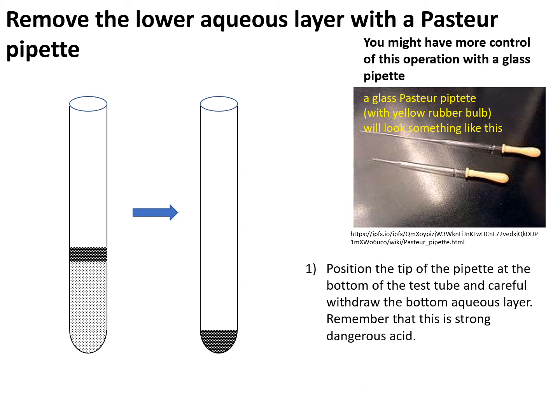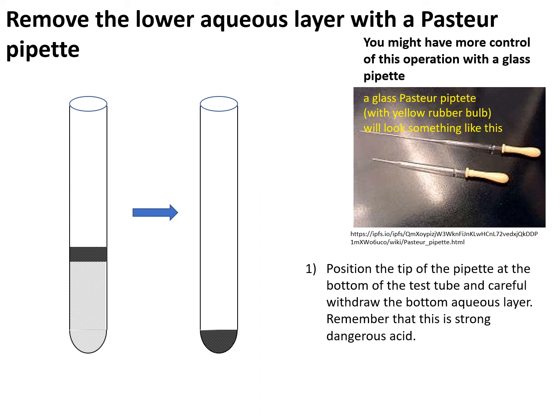Then you take that final sample where you see a clear layer, where the top layer is the organic layer and the bottom layer is the aqueous layer, and you remove the aqueous layer using a Pasteur glass pipette. This Pasteur glass pipette has a very narrow and tall mouth.